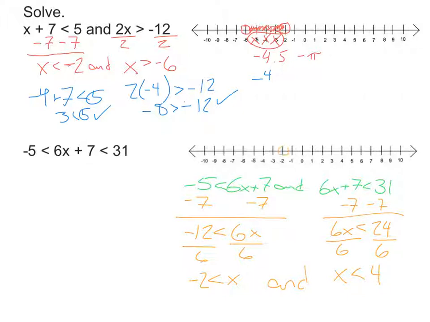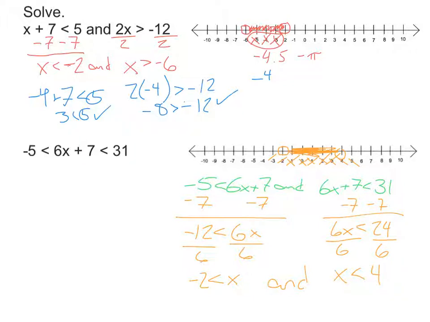So we have an open circle at negative 2 and an open circle at 4 because again, not equal to, just less thans. X is bigger than negative 2, like these. And then x is smaller than 4, or things like this. And so it's where we made those x's, and it's there in the middle of them.